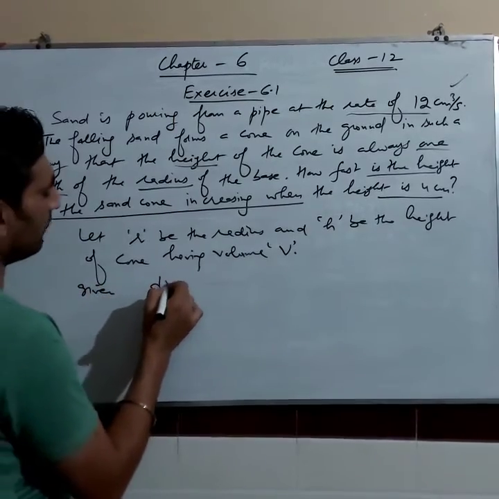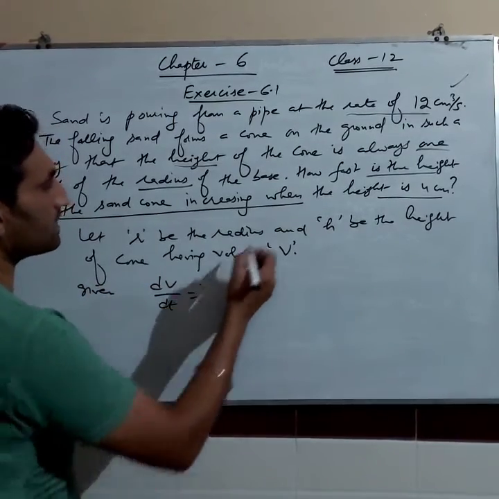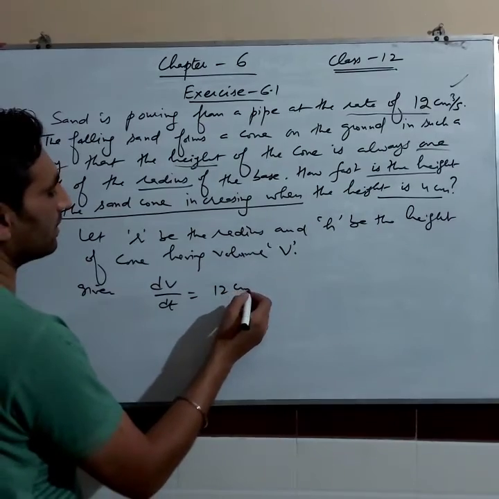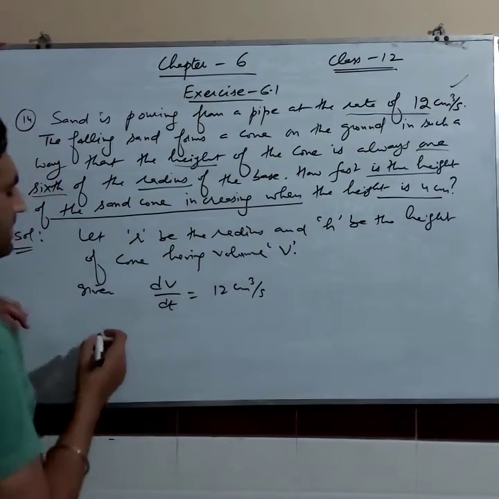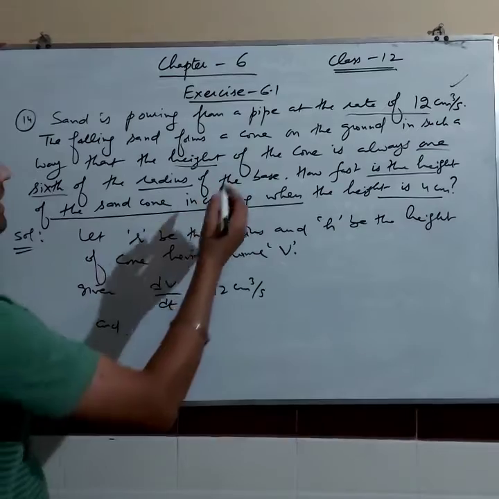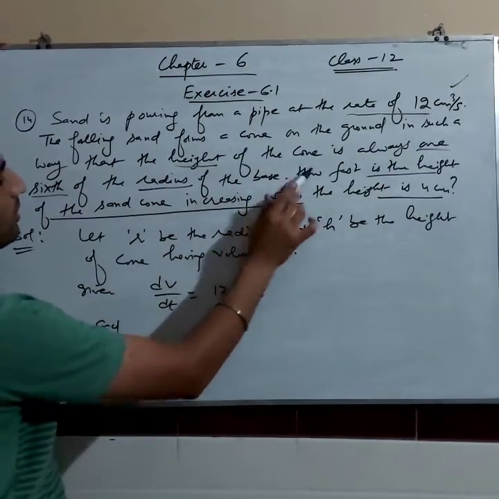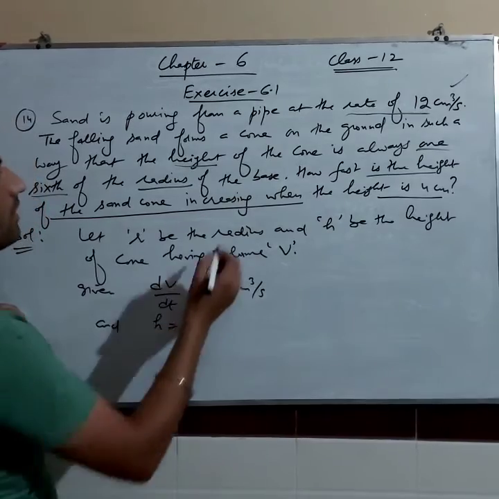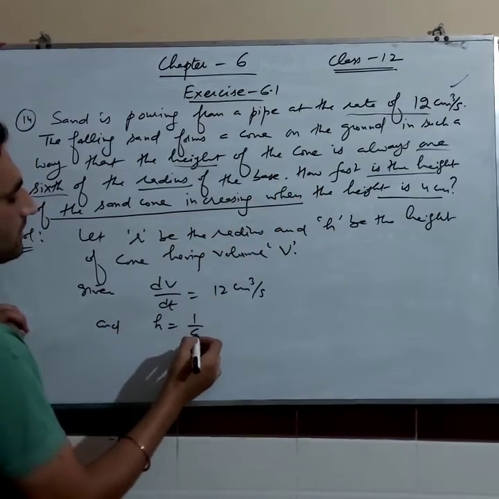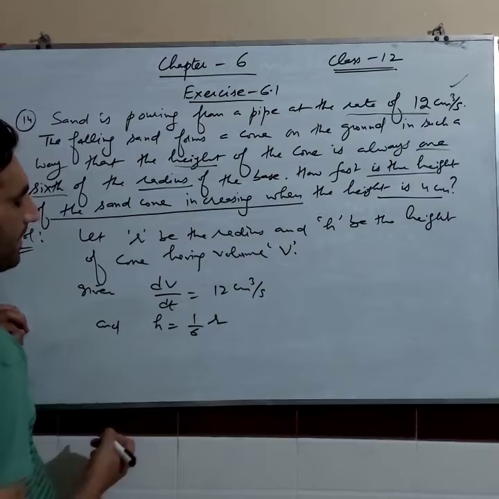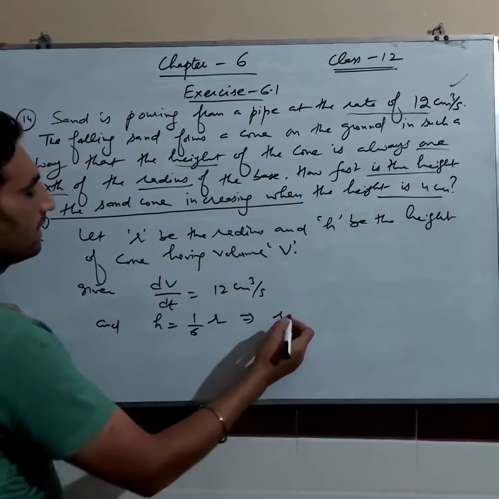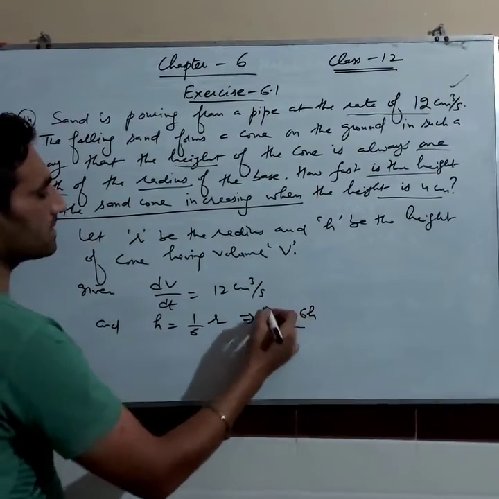Rate of change of volume with respect to time, it is 12 centimeter cube per second. Secondly, you have height. See, height of the cone, which is h, is always 1/6 of the radius. In other words, we can say radius is equal to 6 times height.